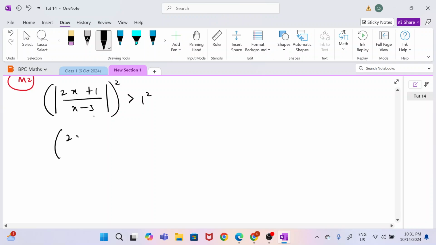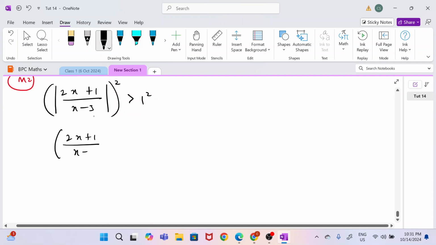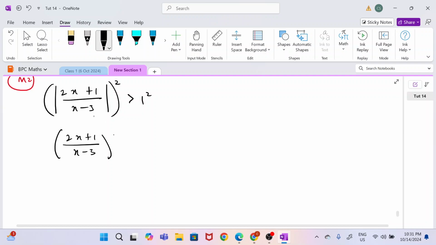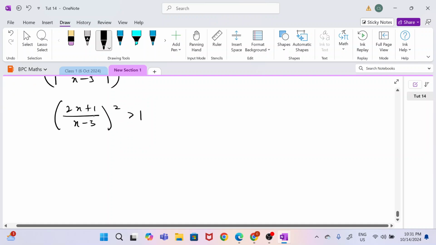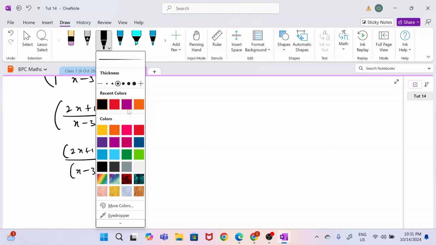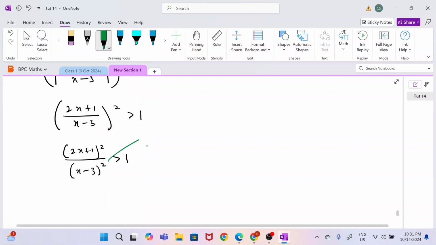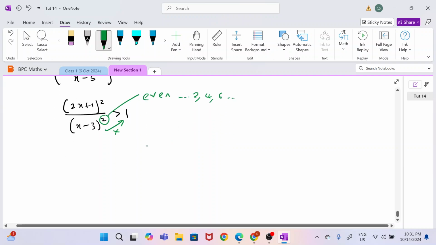The modulus is gone, and as I told you, whenever the power is even, 2, 4, 6, you can cross multiply only the denominator power.